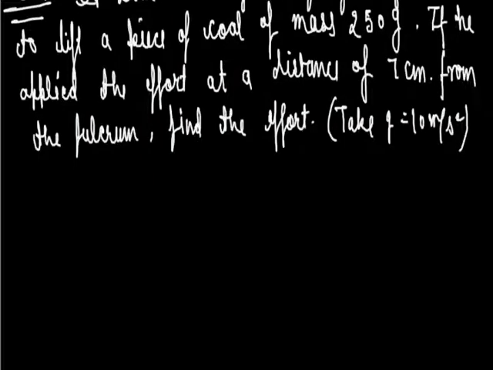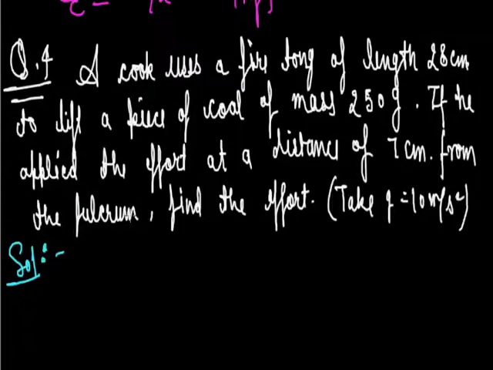Now solution. As we know, fire tongue is a third class lever. Third class lever means fulcrum will be at one side and load will be at the other side, and effort will be in between these two positions. Since in this the given load is a piece of coal and mass is given 250 grams, we have to find out load.